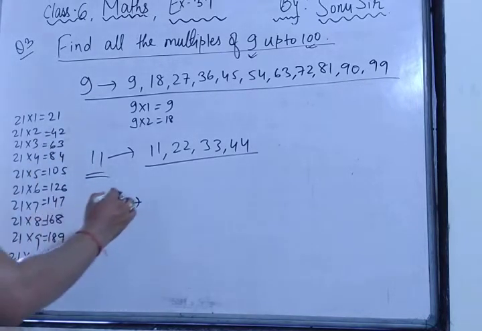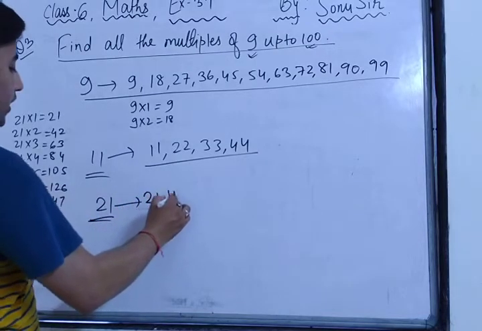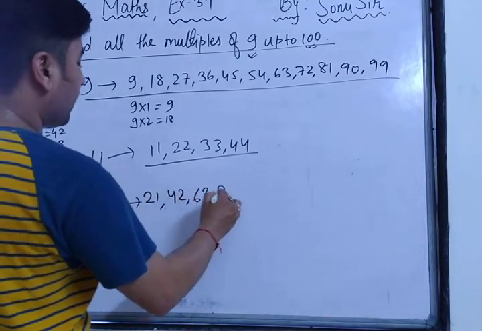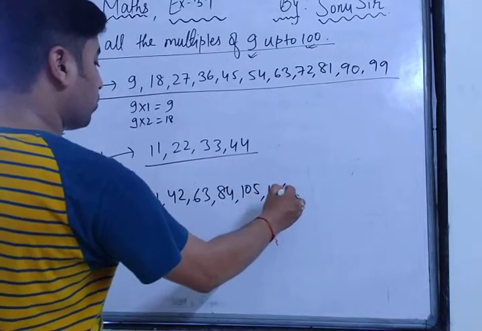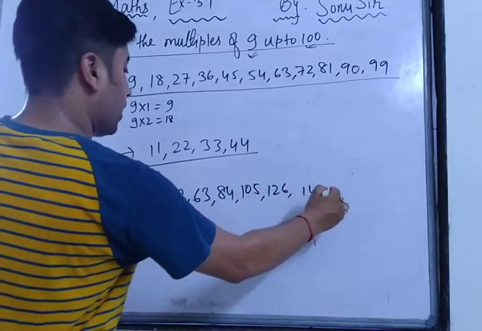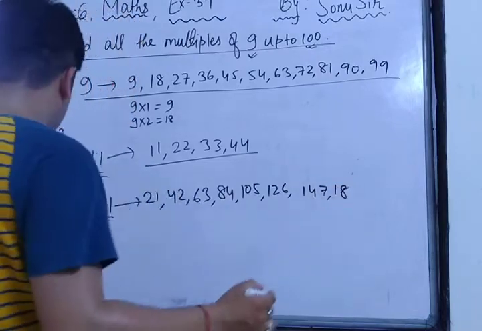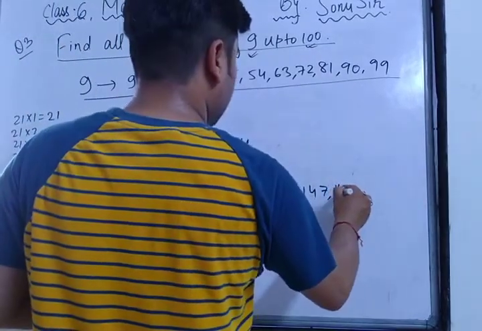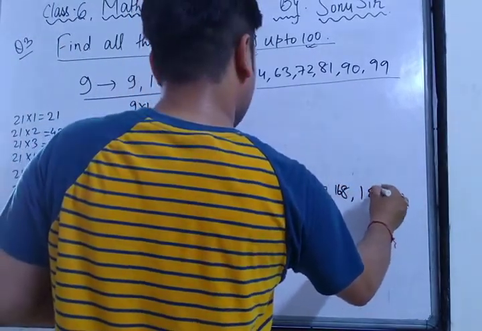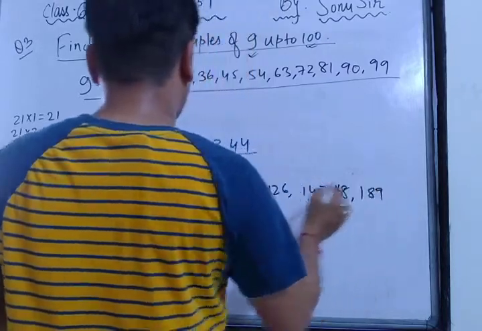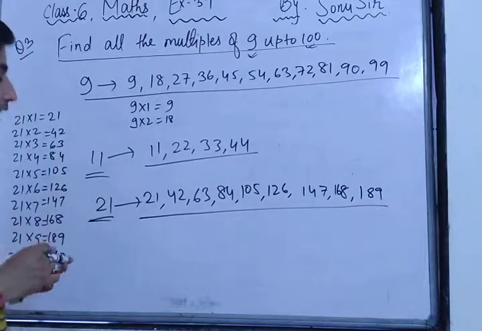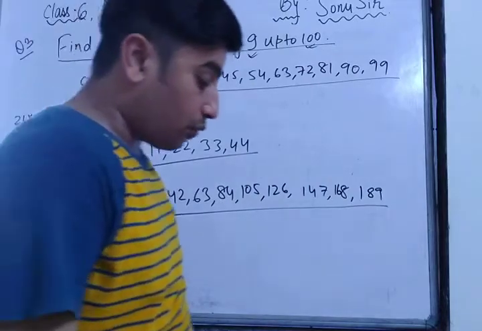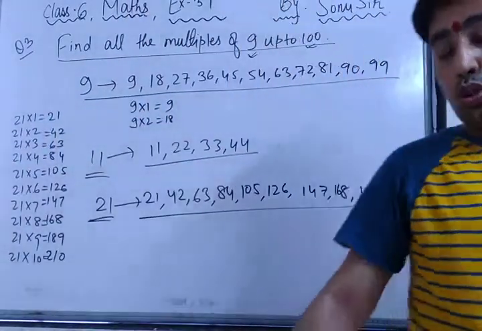Here you can see 21, 42, 63, 84, 105, 126, 147, 168, 189, and then 210 we don't have to write because I have said to write till 200 only. So you can see these are the multiples of 21 up to 200.